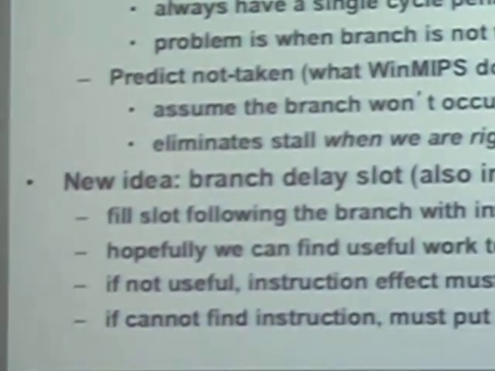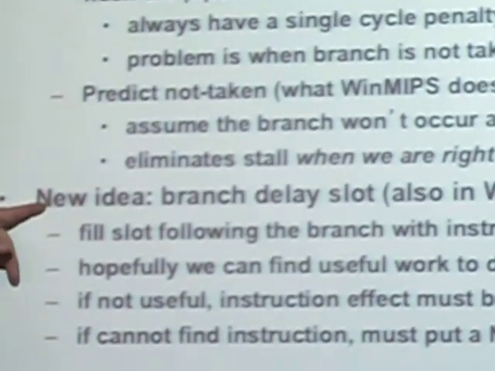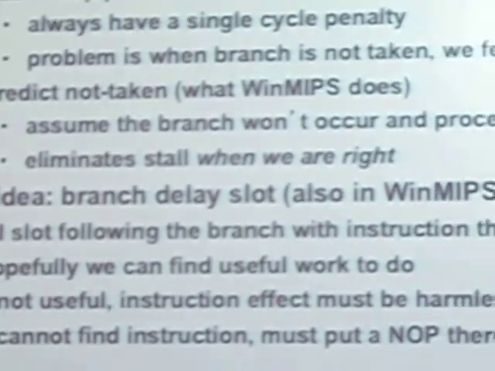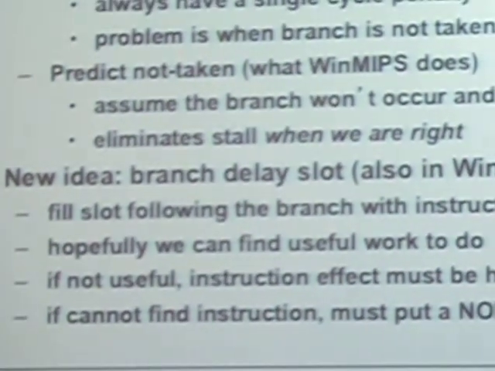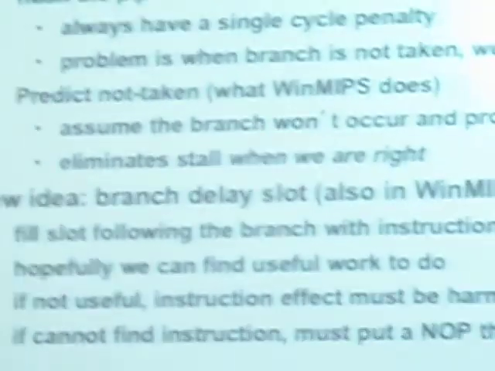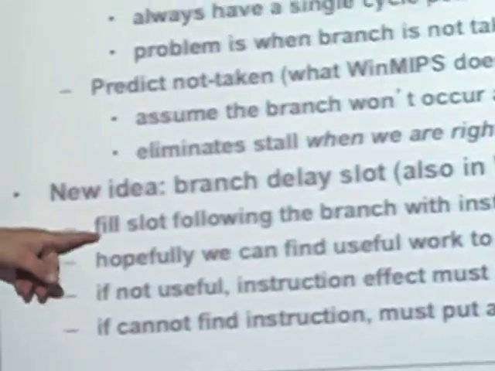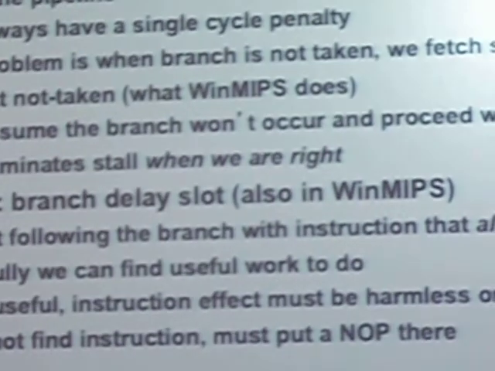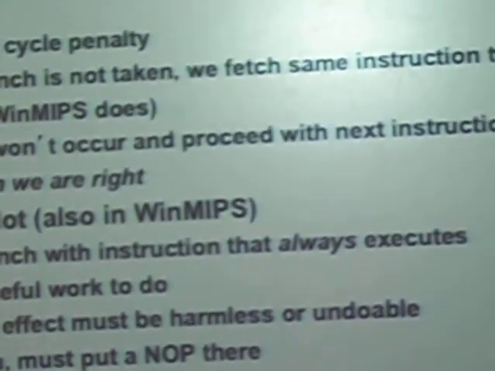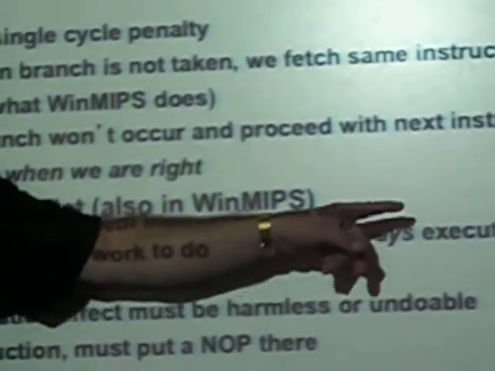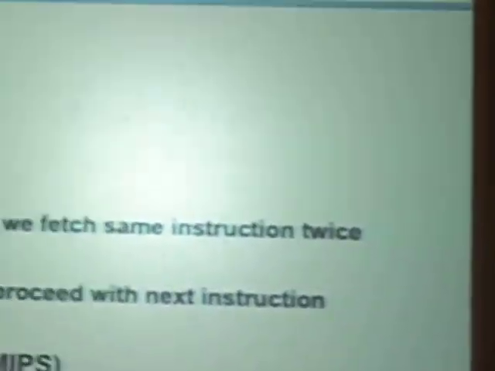Well, here's the idea. We're going to use what's called a branch delay slot. Now, this is counterintuitive, because when you look at the code, you see one thing, but what happens is another thing. Watch. You fill the slot following the branch with an instruction that always executes, no matter what.